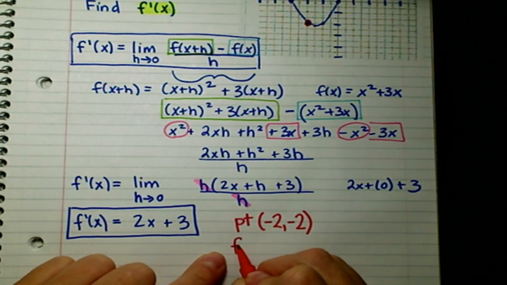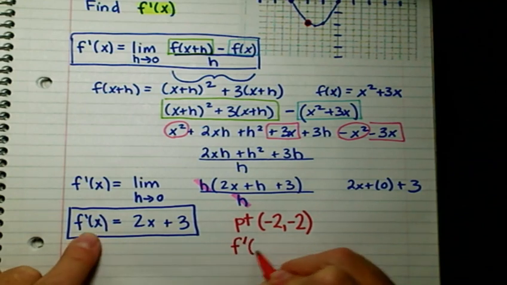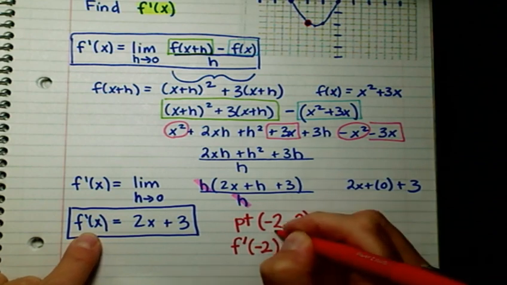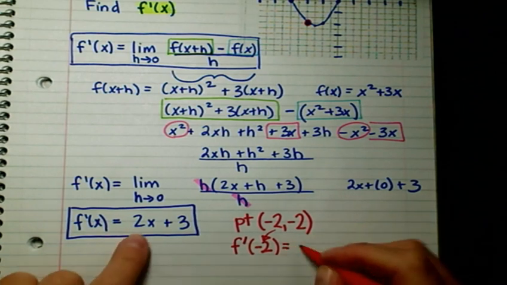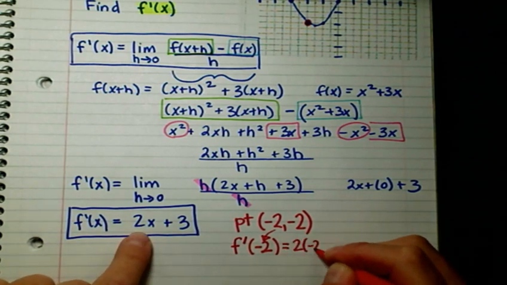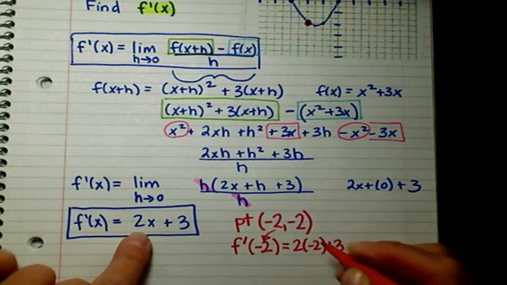So right here, f prime of negative 2, the x-coordinate, equals 2 times negative 2 plus 3.